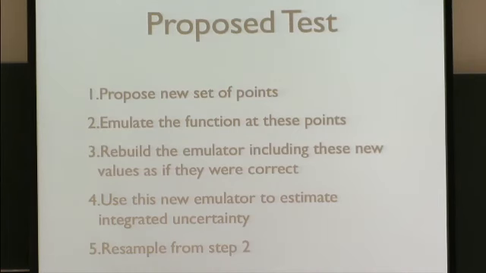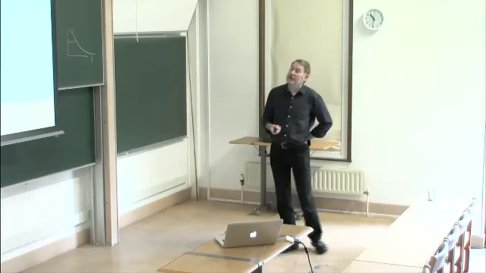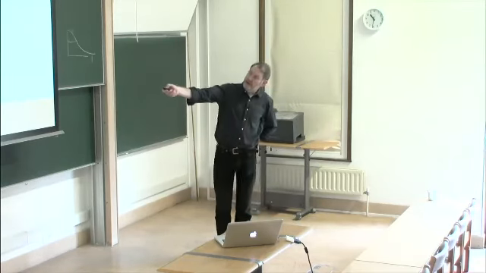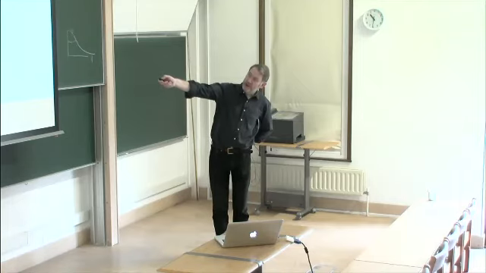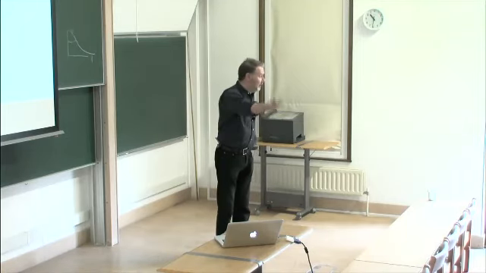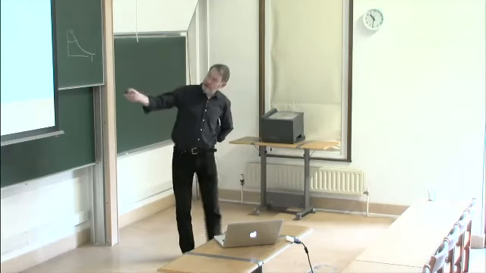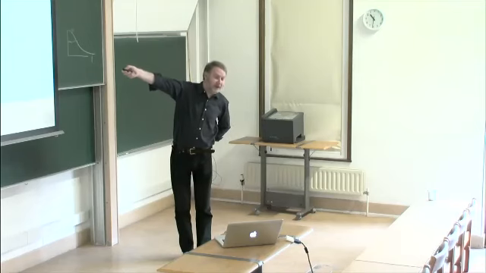back to this point. So the idea to take this forward into an actual operational design is you propose some new set of points to add to our system, and we'd actually not yet run the model. We'd emulate the function at those points, we'd emulate the climate, and then we'd rebuild the emulator assuming that our emulation gave us the right answer.